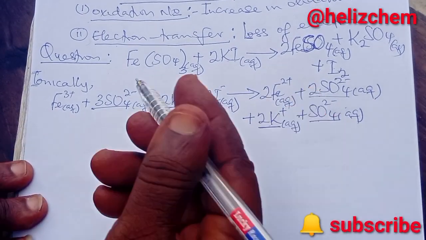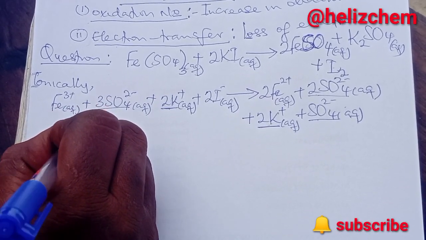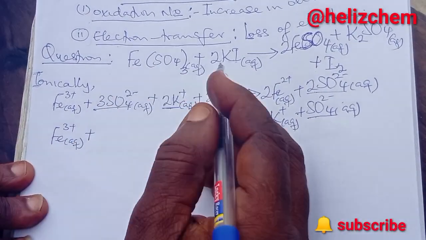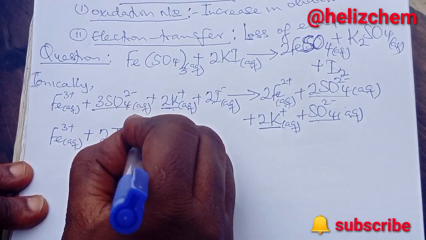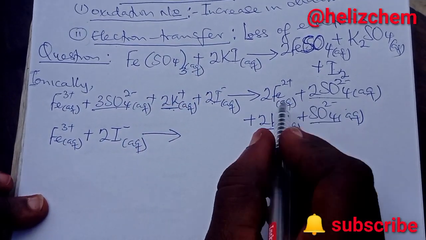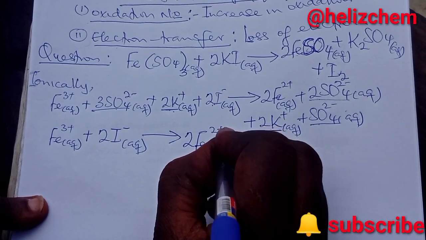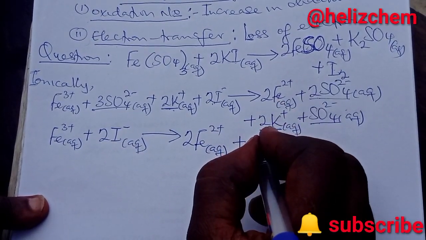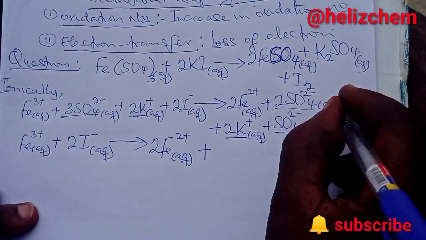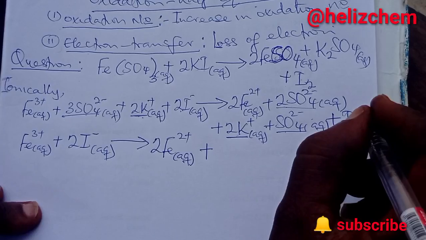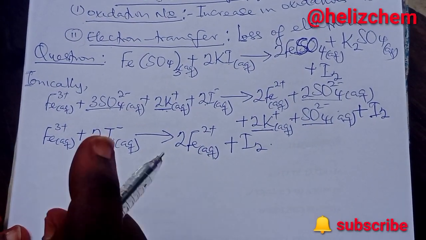So we are left with this now: Fe3+ aqueous plus 2I- aqueous to produce 2Fe2+ aqueous plus I2. Sorry, I forgot to write I2 here the other time. So this is the ionic equation.